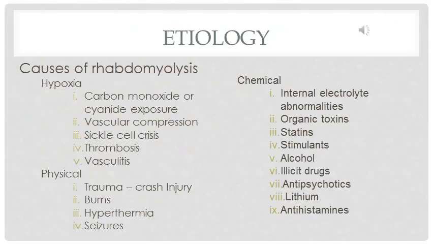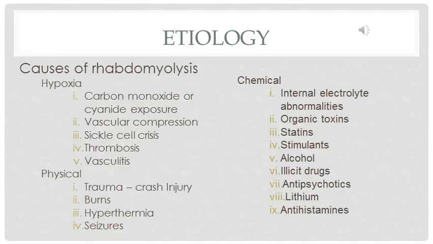There are three main etiological causes of rhabdomyolysis. Hypoxia, resulting from reduced blood flow or oxygen transport, leads to cell death. Causes of this include carbon monoxide or cyanide exposure, vascular compression, sickle cell crisis, thrombosis, and vasculitis. There are also physical causes, those that deal direct damage to the skeletal muscle cells, resulting in leakage of cellular contents.